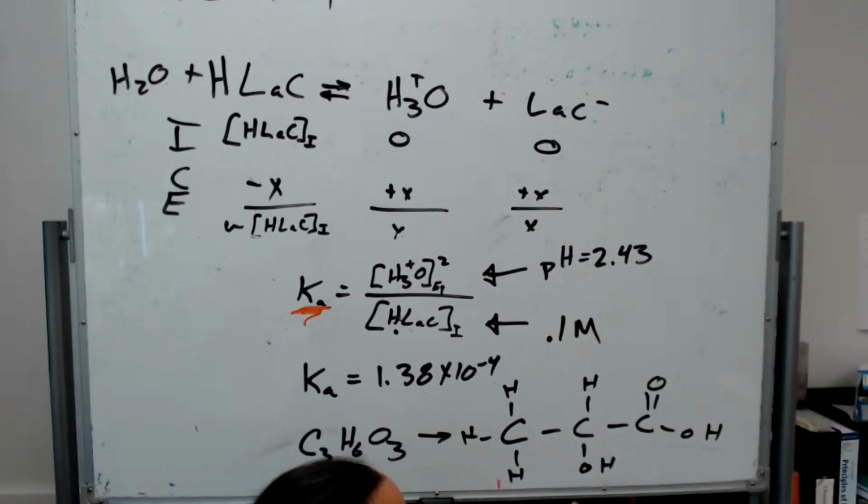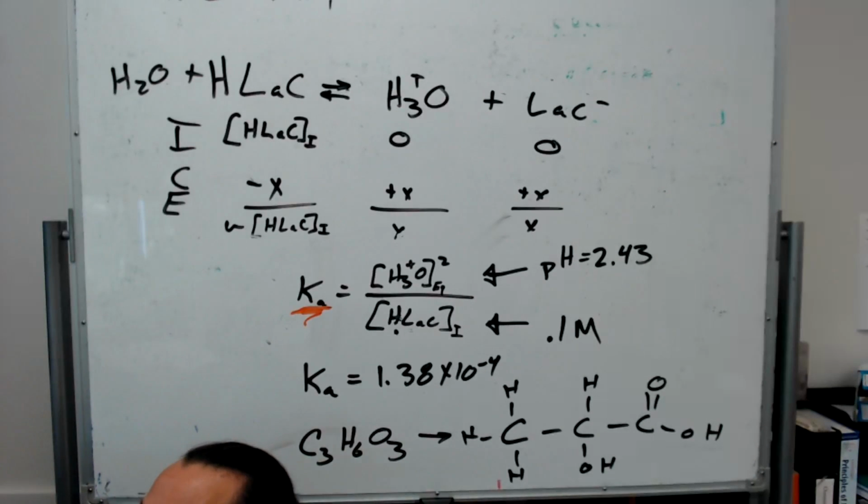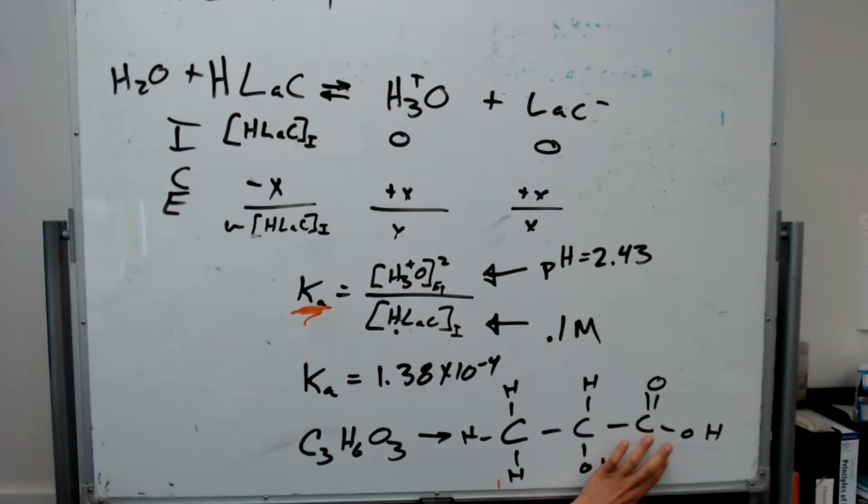When you look at this, first off, you could have just looked up the Ka for lactic acid, and it's 1.4 times 10 to the minus 4. It's like, great, got it right. But also, we can use some logic. If we look at this structure, we can say, okay, something similar to acetic acid. We've got a carboxylic group, but we've got an extra oxygen.